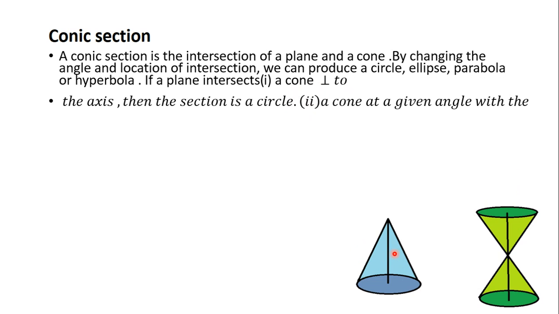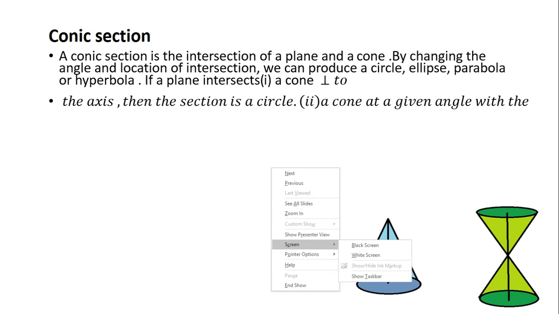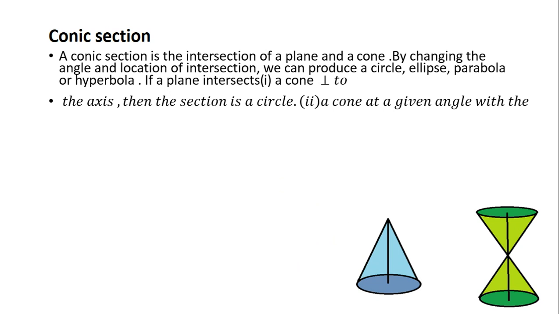If the plane intersects the cone perpendicular to this axis, then the section is a circle.